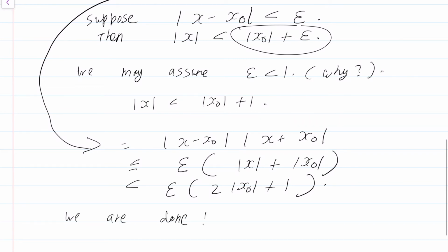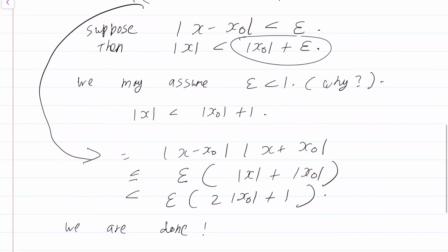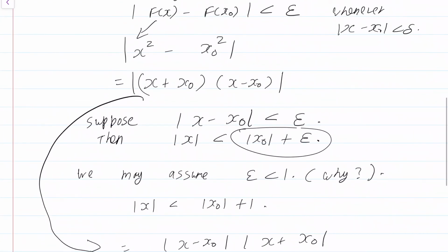Why are we done? I wanted to find a delta such that if mod x minus x naught is less than delta, then the modulus of x squared minus x naught squared should be less than epsilon.